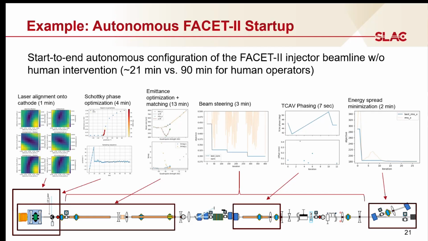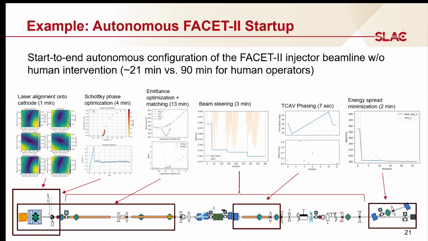This is an example of this at the FACET-II facility at SLAC. In this case, when the operators start up the machine, they have to run through a series of optimization and configuration problems in order to transport the beam distribution with high quality to the users.